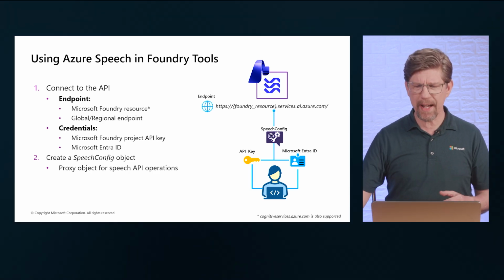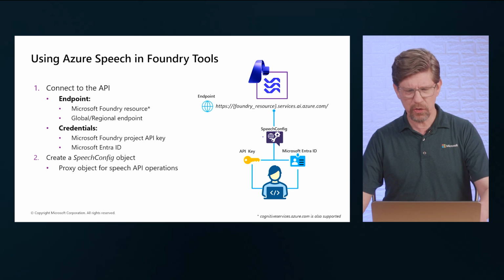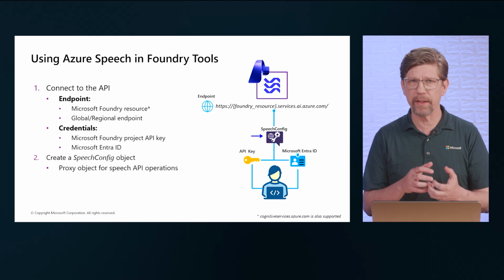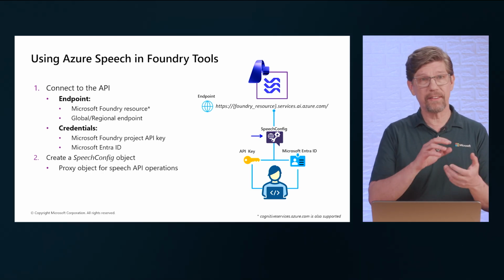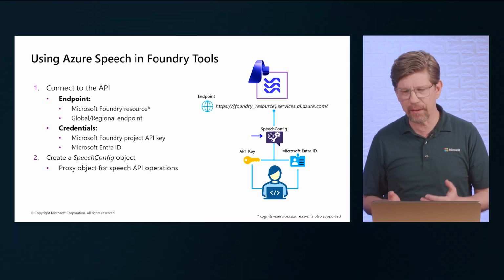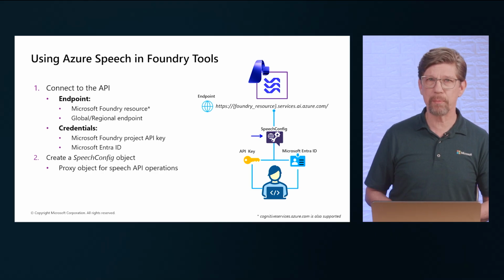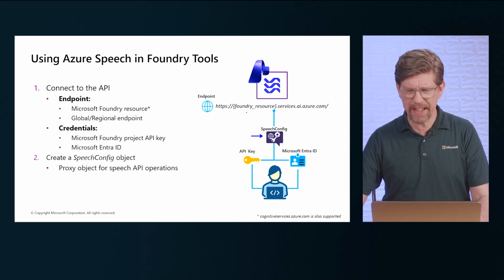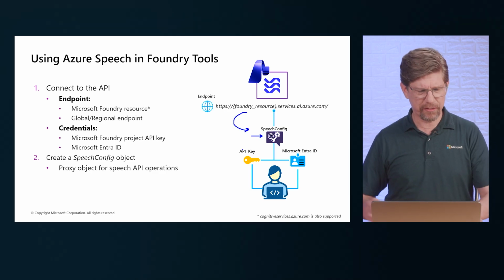Either one of those, you're going to pass that information in to what is a speech config. And this is going to be the jumping off point for whether you're creating text-to-speech or speech-to-text. Either one, you will start by creating that speech config. So all of these things are going to really come together inside that speech config.